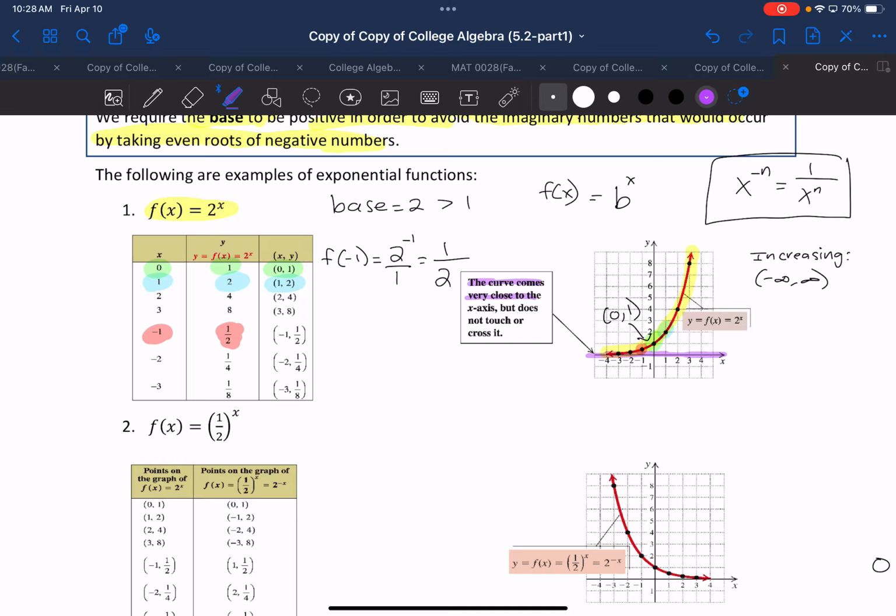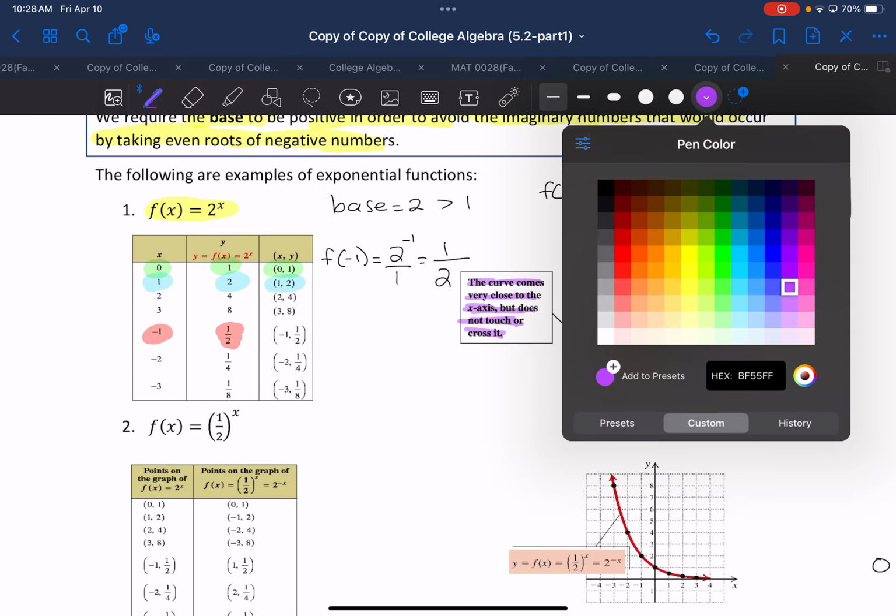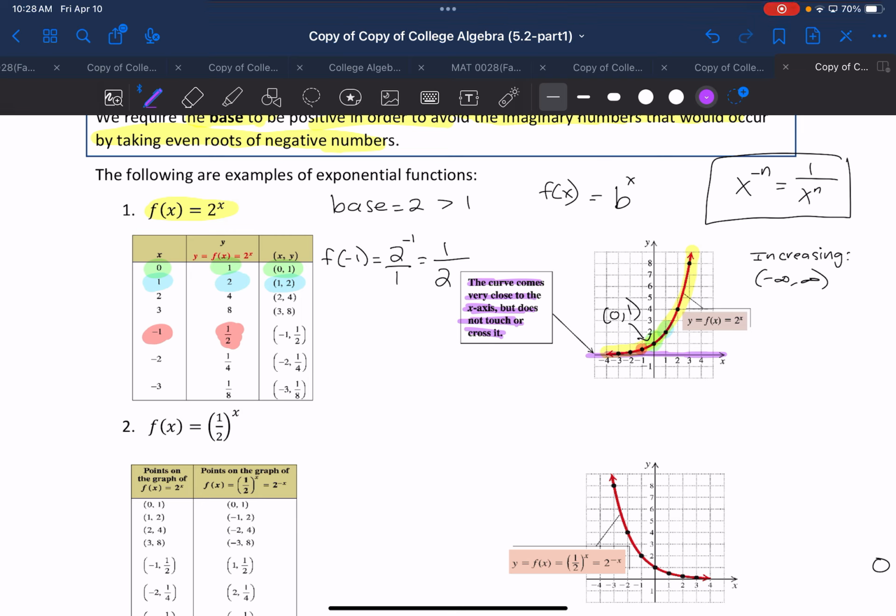So it's saying the curve comes very close to the x-axis but does not touch or cross it. So this is a horizontal asymptote that it actually will not cross. And again, this will always be true for exponential functions that are in this form, where no transformations have occurred yet.